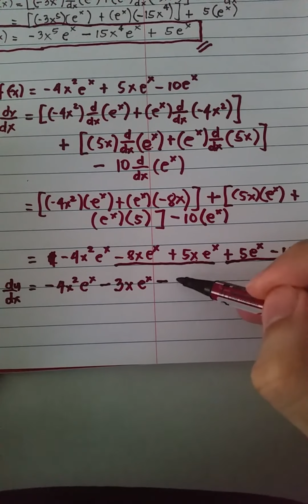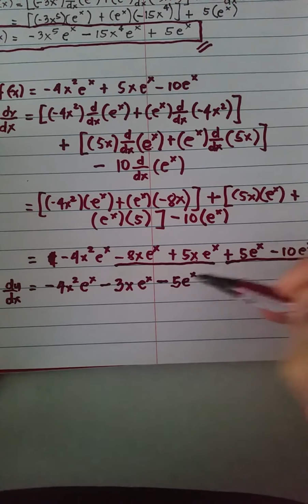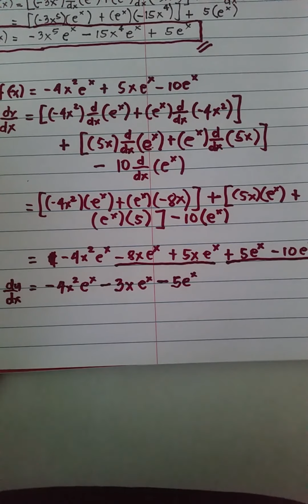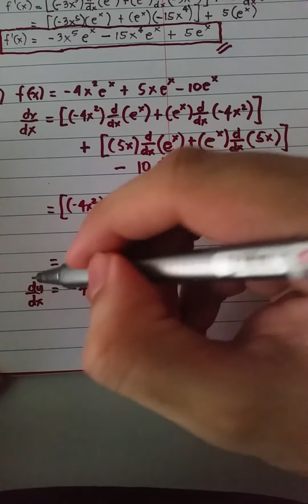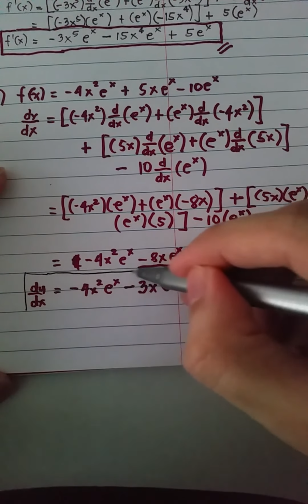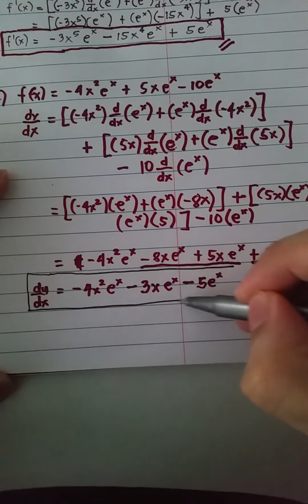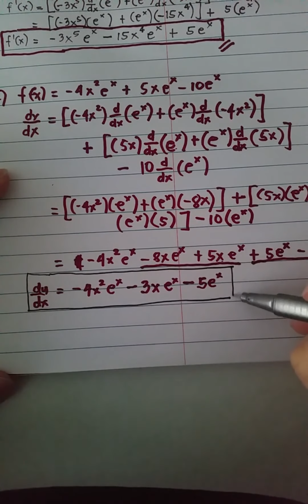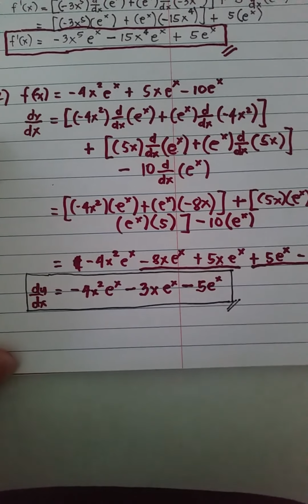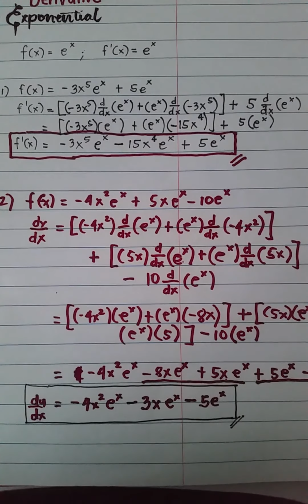So this is negative 5 e to the x power. So what can you say? It's not that hard, right? It's basic. So this is how you get the derivative of exponential function. Okay, bye.